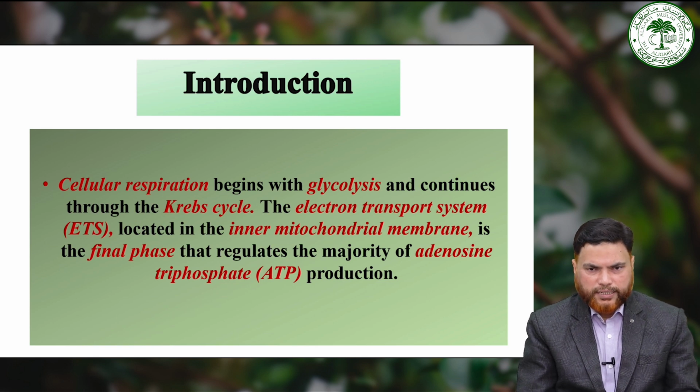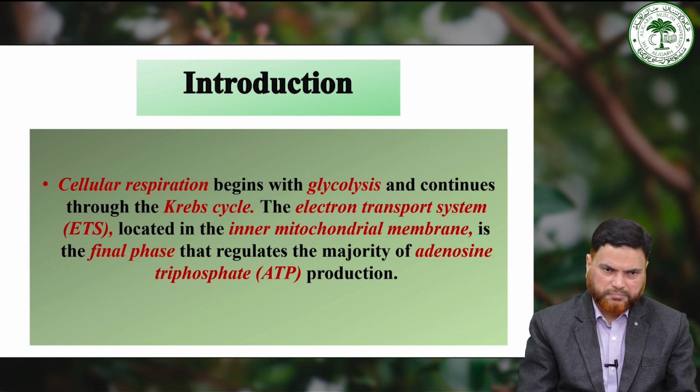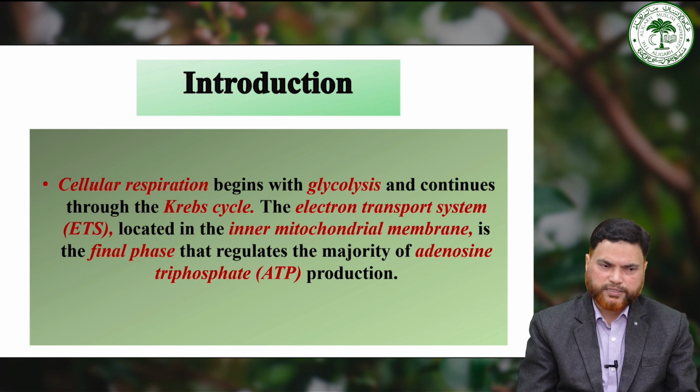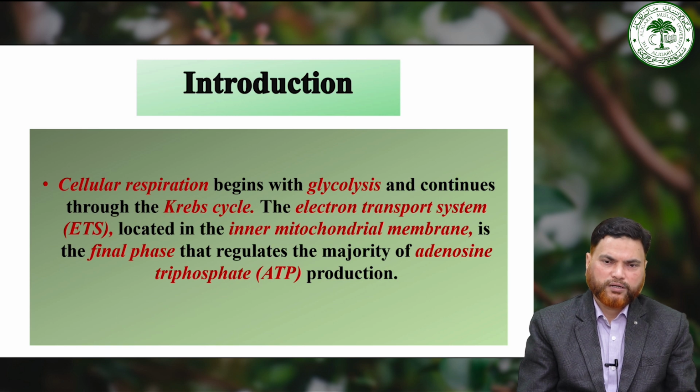Now you see that the citric acid cycle or Krebs cycle is generally a series of chemical reactions that takes place in the mitochondria, where acetyl coenzyme A derived from the breakdown of carbohydrates, fats or proteins is oxidized to produce carbon dioxide, NADH, FADH2 and ATP precursors like GTP. And this cycle is a very key part of cellular respiration.